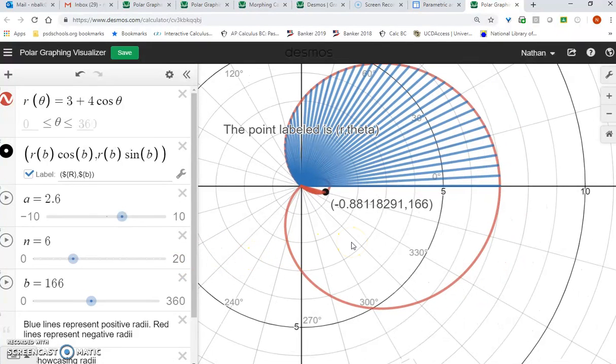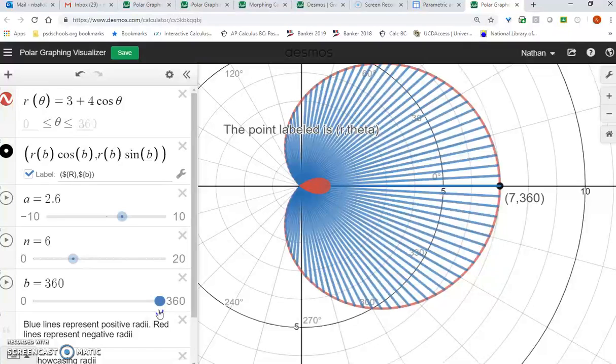The point is at angle 166, I'm looking backwards at a negative 0.88 radius. So look how I make the loop. It's all a negative loop. That's why it's a red radius, because I'm actually looking backwards. Then when I pop out of that loop, I'm back into the positive world. You guys okay with that?